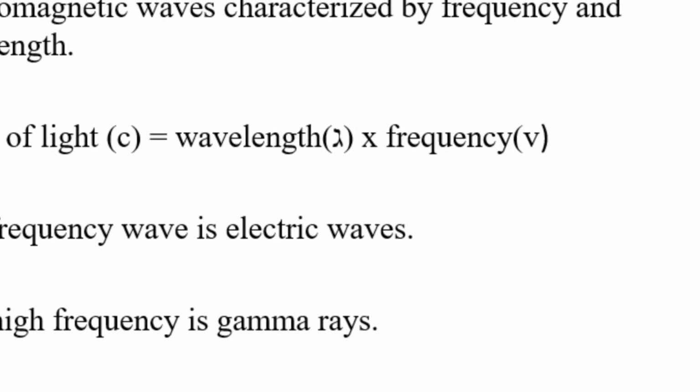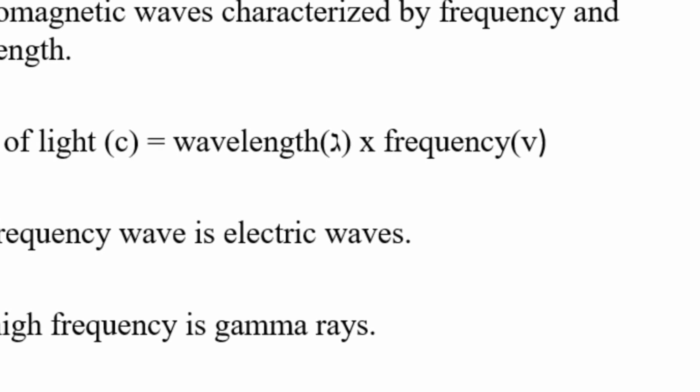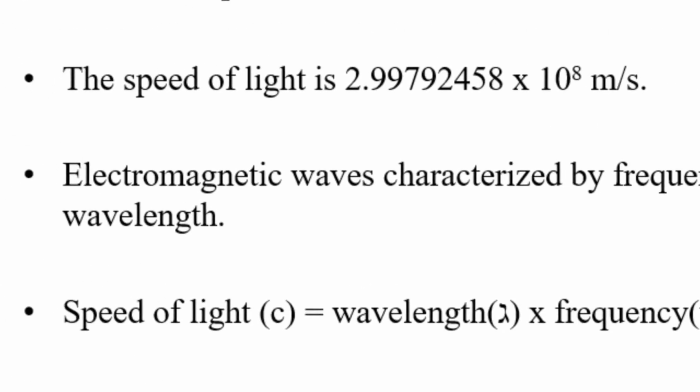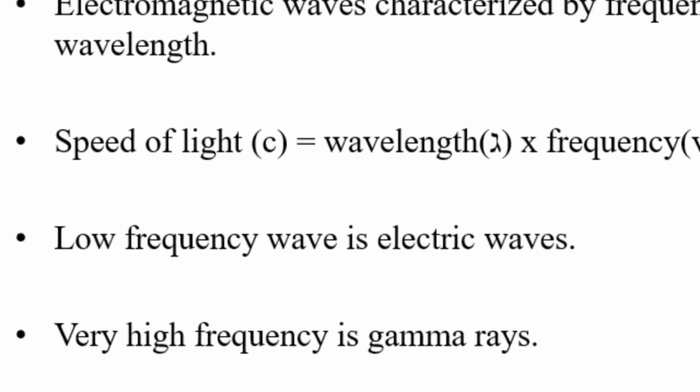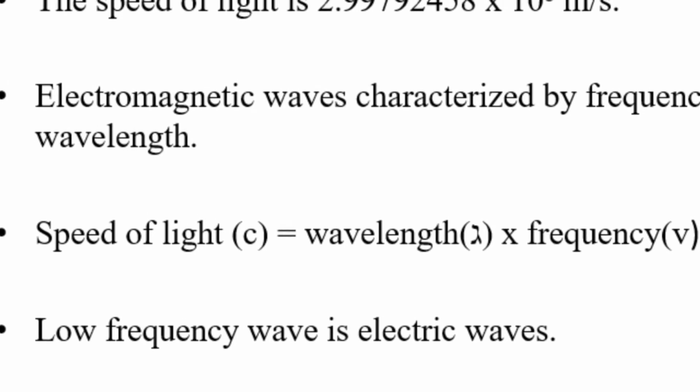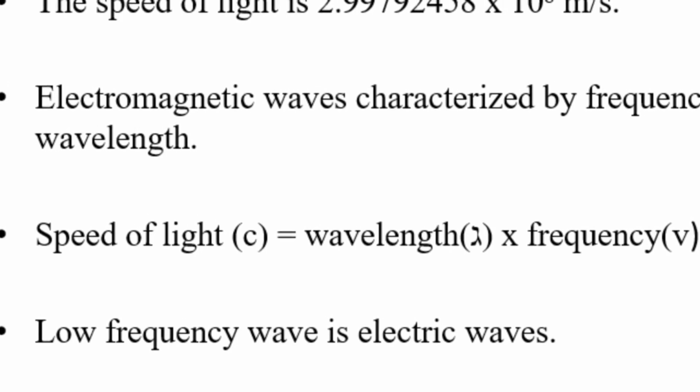Frequency f is the number of waves passing a fixed point per unit time. It is expressed in hertz. The three attributes are related by c = λν, which implies that the wavelength and frequency are inversely related.